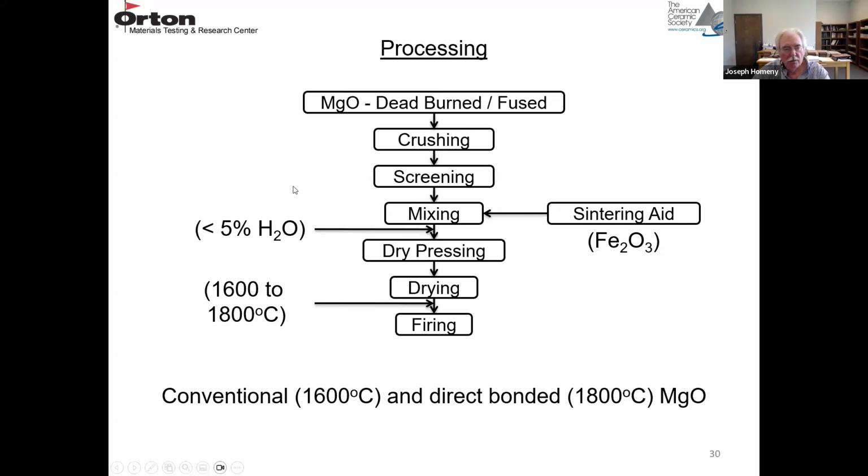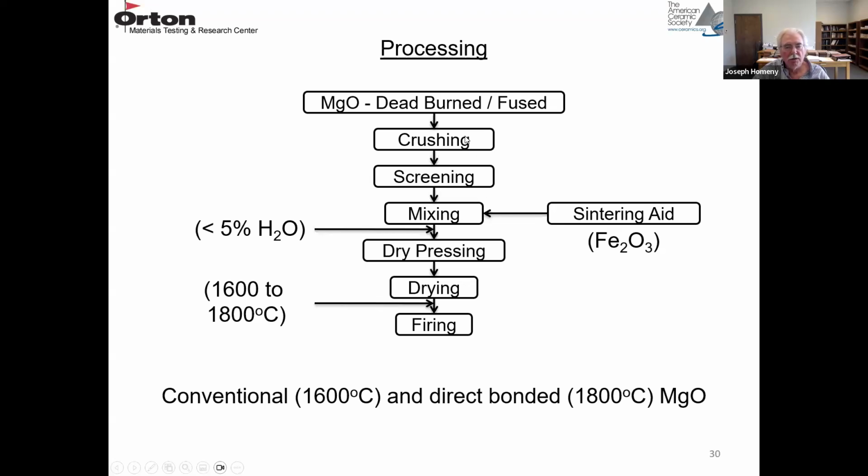So the MgO refractories have to have the right lime to silica ratio and low boron oxide contents. So when you make an MgO refractory, you start out with a dead burn, which is a material sintered at a very high temperature to densify it, or a fused cast material. These processing steps for refractories are all pretty much the same.